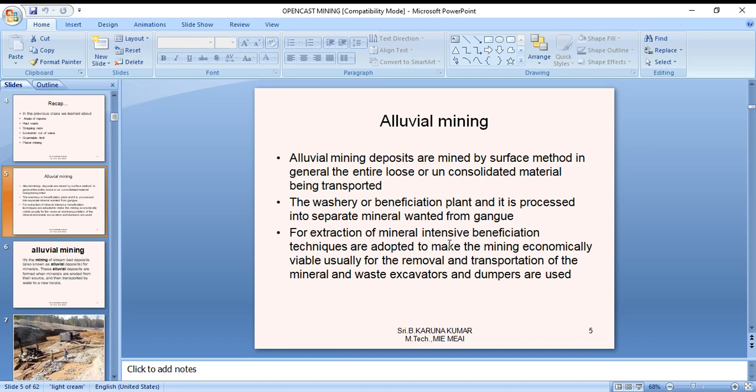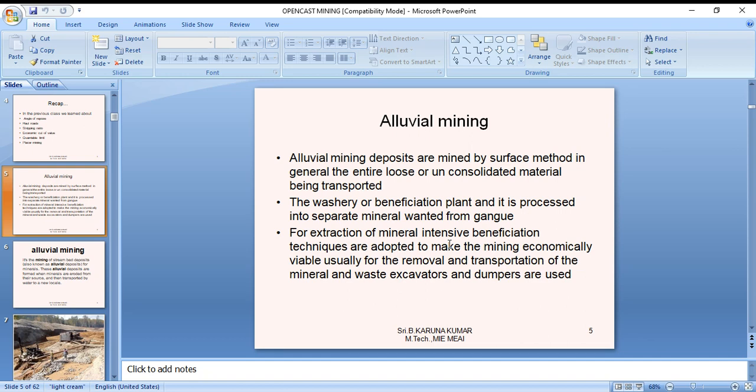So alluvial mining deposits are formed depending upon the geological intensity. The mining is not uniform like bord and pillar, longwall, or open cast mining; this method is different. Wherever a rich alluvial deposit is identified by the geologists, only at those places is this mining method applicable. Otherwise there is more wastage.